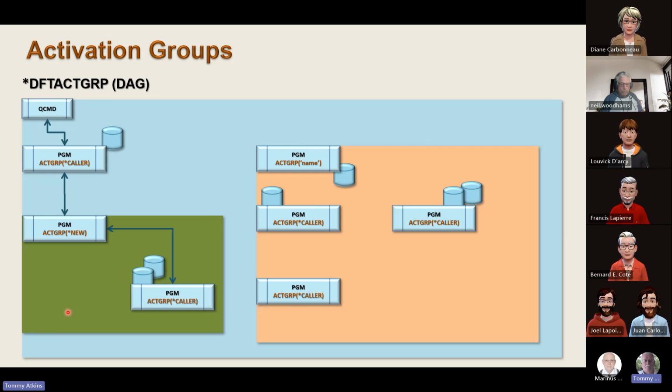Remember, an activation group is an environment where those programs are isolated from all the others. There's a commitment control cycle around each activation group box, and they are all protected from each other. So it can get very complicated.